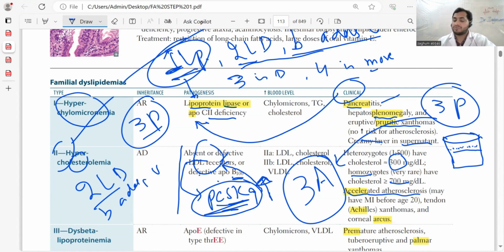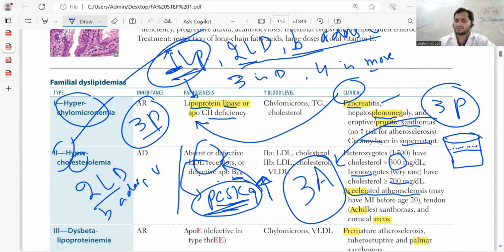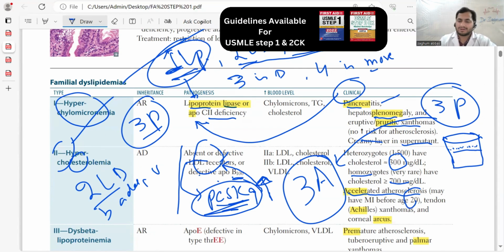You can have MI before age 20. Remember, normally MI occurs in males after 40 or 45. But if you see MI before age 20, and nowadays it is becoming common to have MI at an early age, this is a very high-risk point. Remember that. It can be hypercholesterolemia.